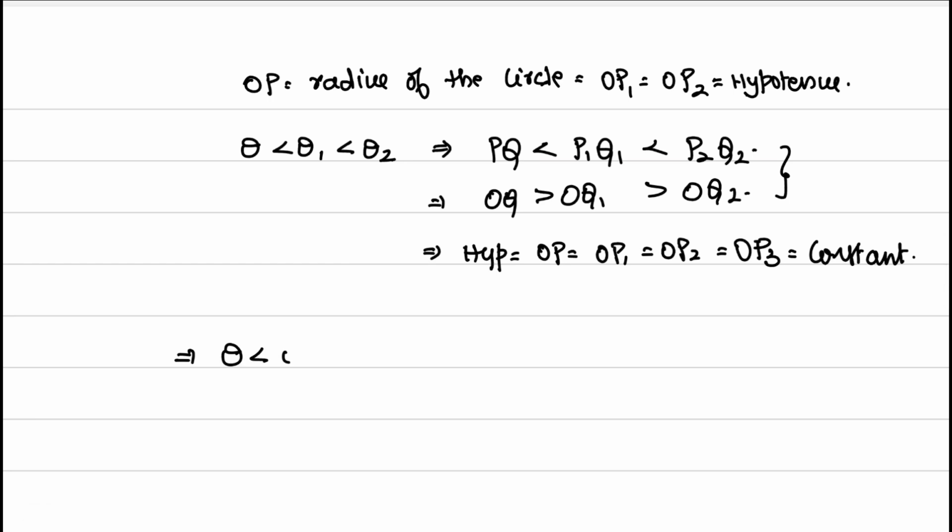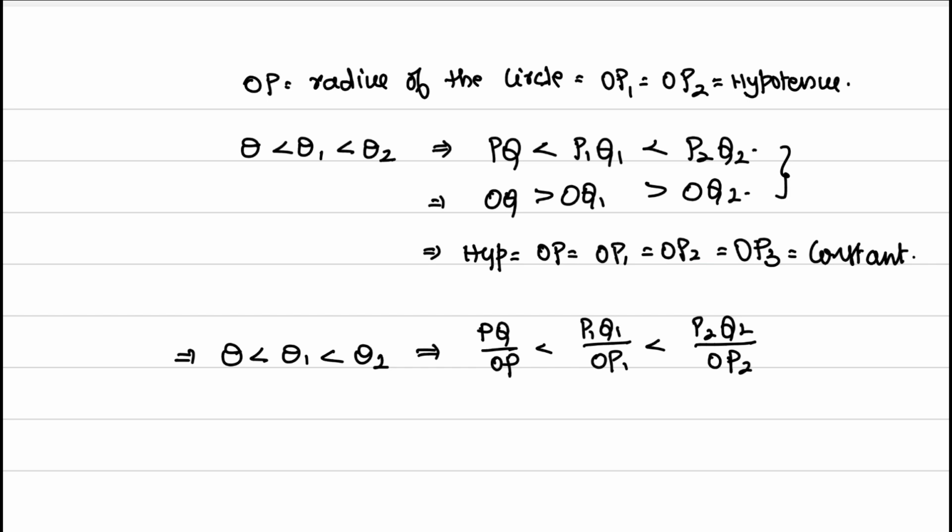Theta less than theta 1 less than theta 2 implies that when some value is divided by a constant value, the inequality doesn't change. That means when you divide PQ by OP, the hypotenuse, PQ by OP is less than P1 Q1 by OP1, which is less than P2 Q2 by OP2.